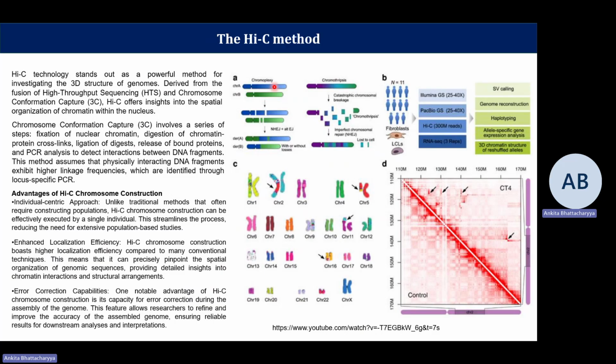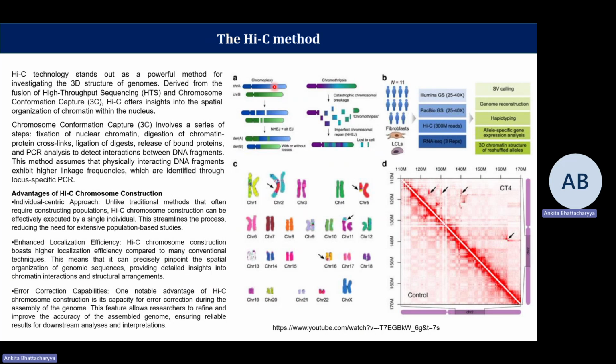It boosts higher localization efficiency compared to many conventional techniques, which means that it can specifically give you the spatial organization of genomic sequences, and detailed insights into the chromatin interactions, the structural arrangements, and all that. Error correction is much better.